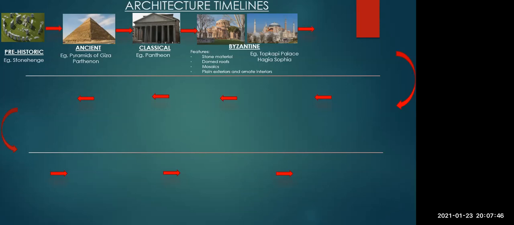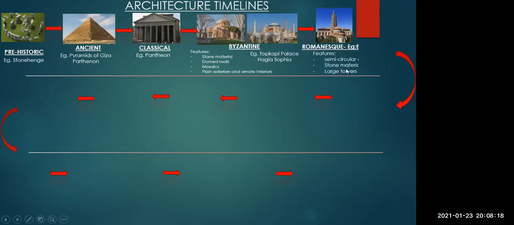This was before it was a church, and then they converted it into a mosque. Then it was a museum, and very recently they converted it back to a mosque. So it has a very plain exterior but very ornate interiors.